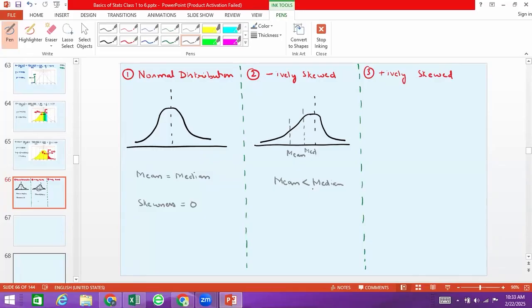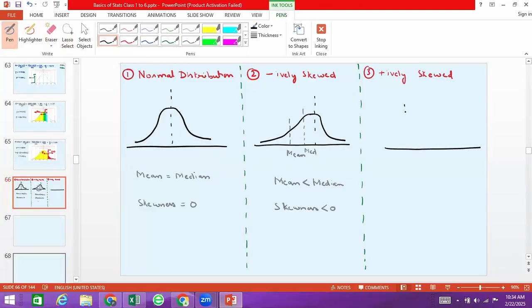That's why the mean will be less than the median. Later we will see how to calculate skewness, but the skewness value will be less than 0.